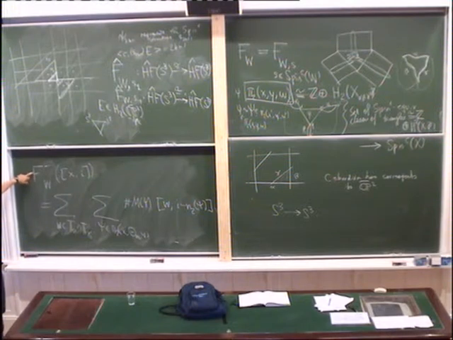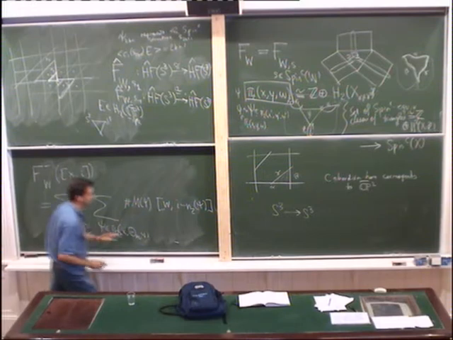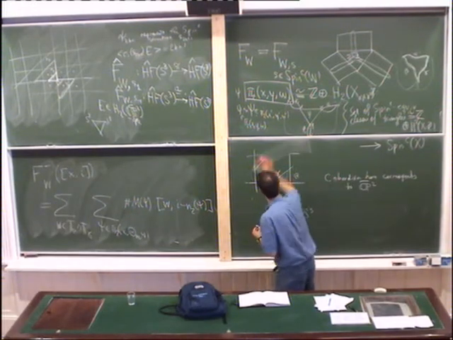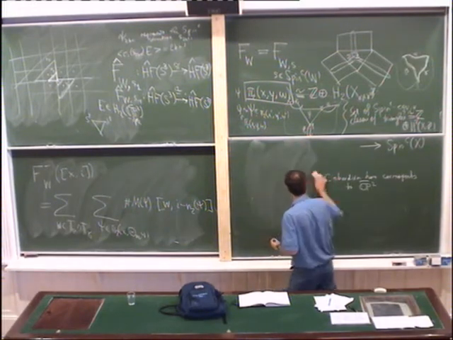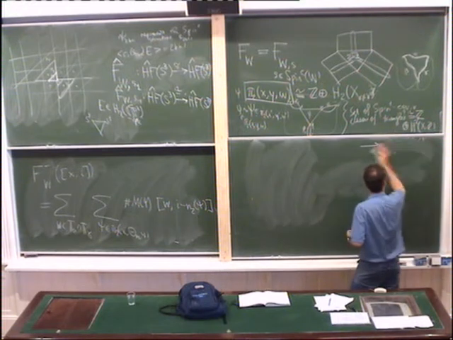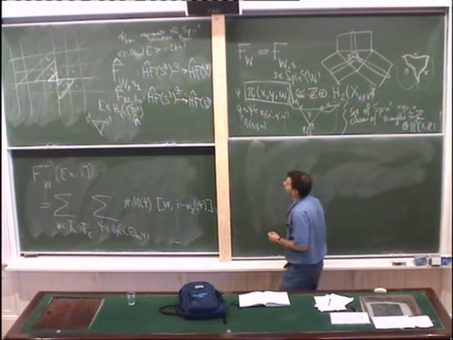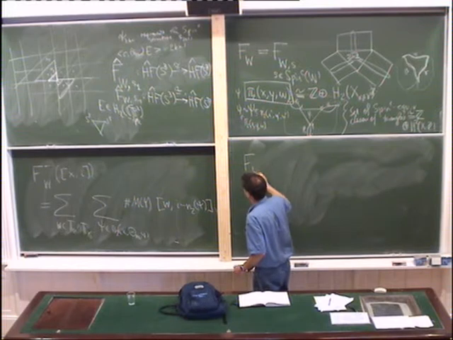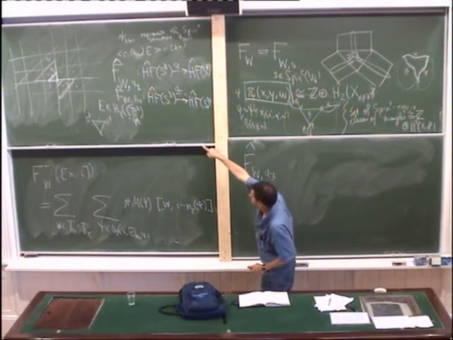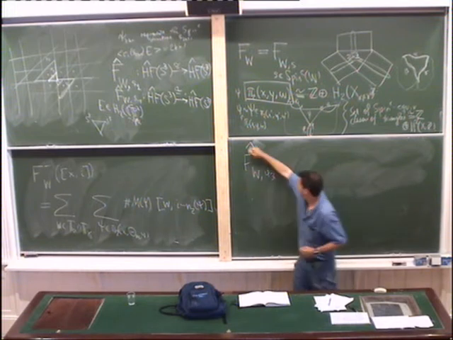And in that picture now, what is F W, C 3 in this example? Sorry, not hat, but minus.